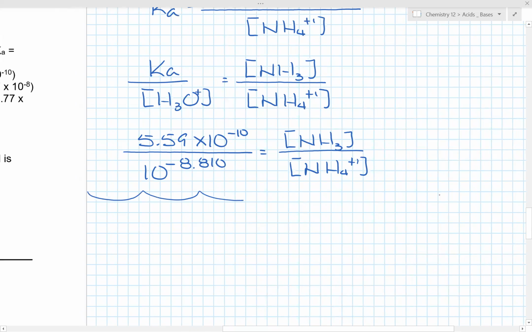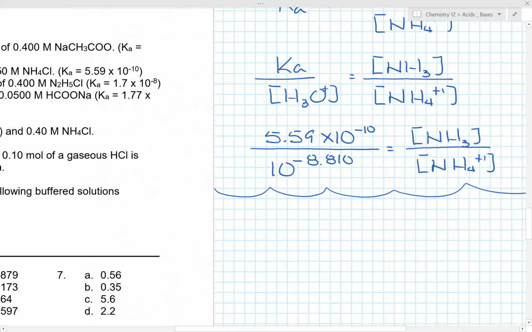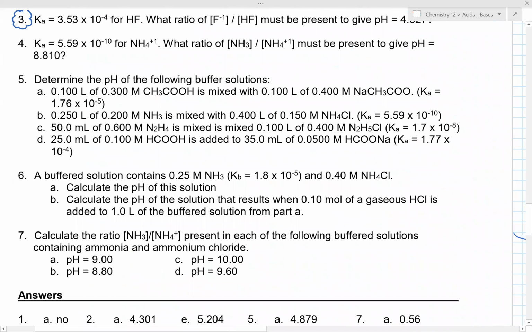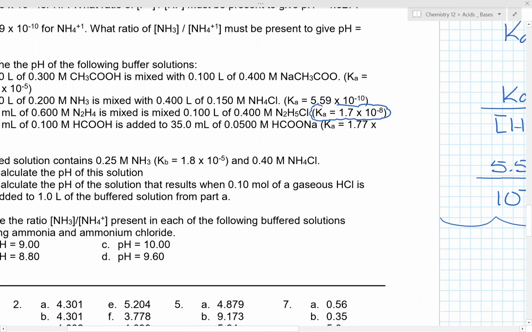Now, question number 5C, it says you have 50 mils of 0.60 molarity N2H4 mixed with 1 liter of 0.4 molar N2H5Cl. The key thing here is you have a Ka value. They gave you a Ka value of 1.7 times 10 to the negative 8.